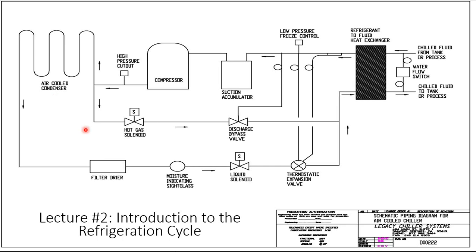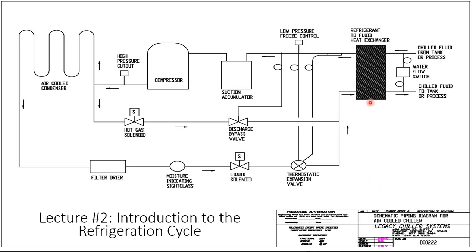All right. Then we have our thermostatic expansion valve, also referred to as a metering device. What this does is meter the amount of refrigerant. Basically it creates a restriction, and it meters the amount of refrigerant up to what we call a heat exchanger or an evaporator.